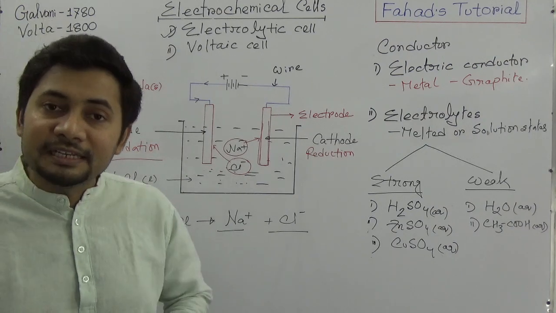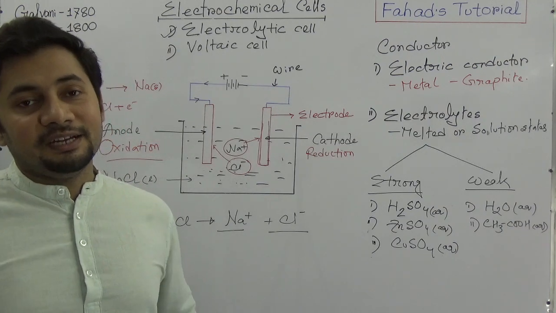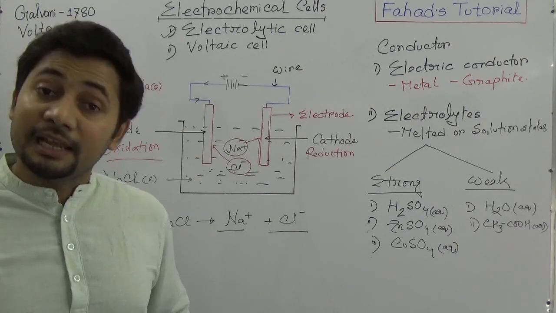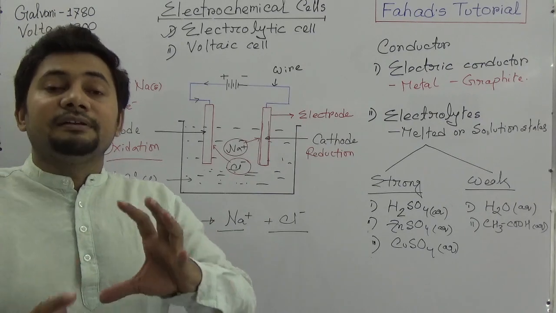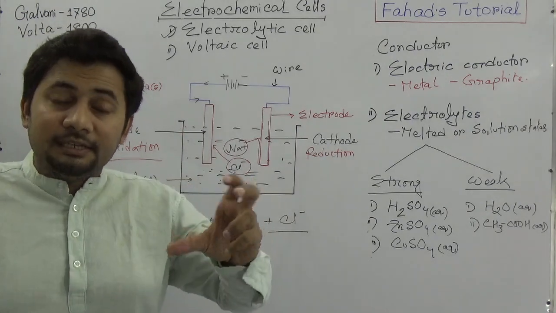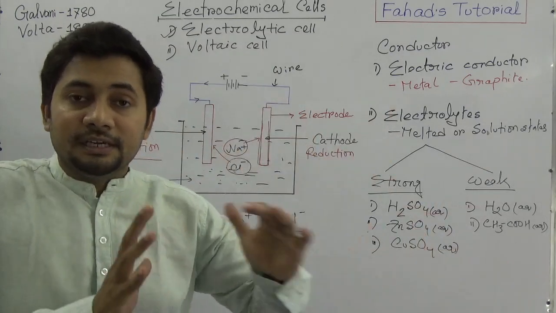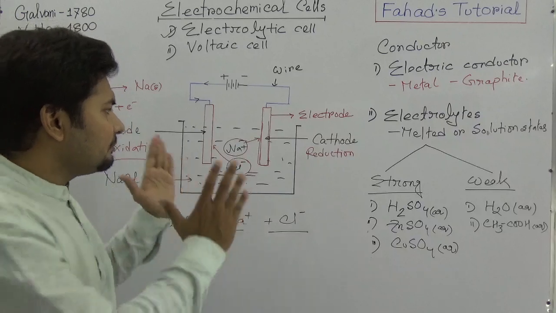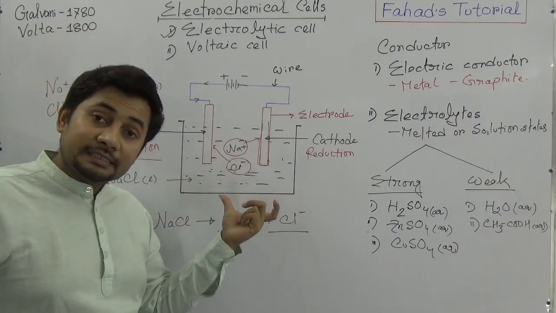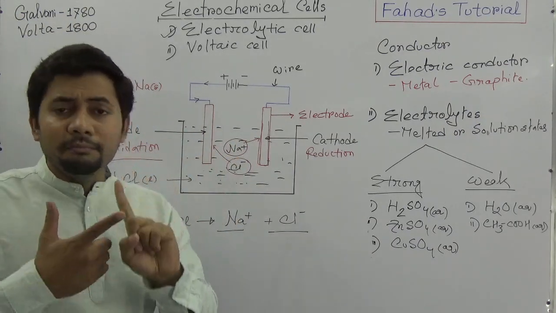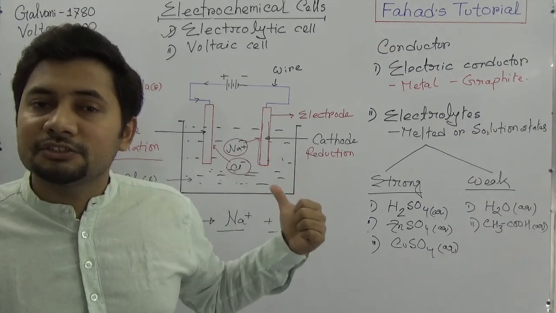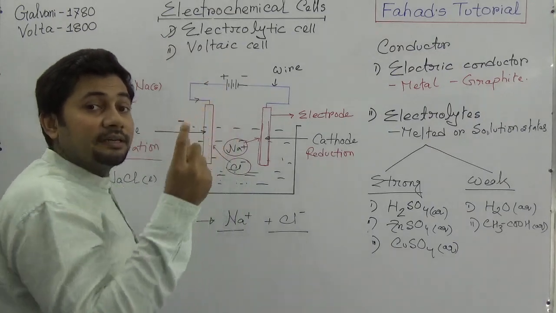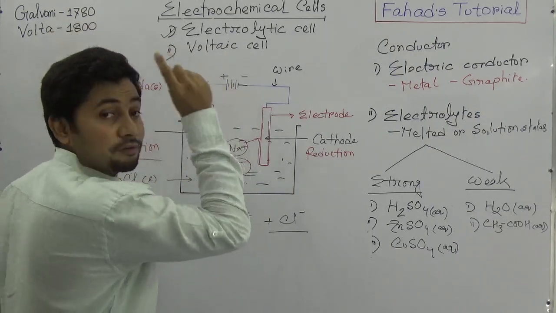So this is a very simple and basic explanation from my side about the electrolytic cell. Of course, I will explain the galvanic cell or voltaic cell in other videos, because it requires more explanation, as there are some differences between the electrolytic cell and the galvanic cell. Mainly the difference is that in the electrolytic cell, a battery is added, so the electric source is added from outside.